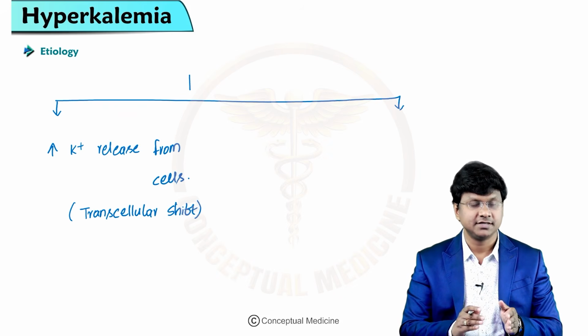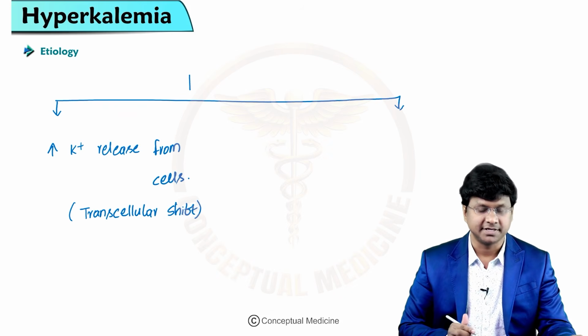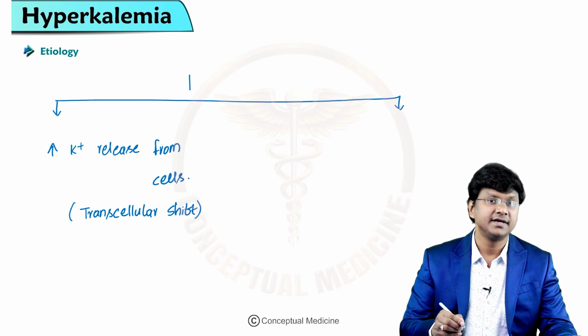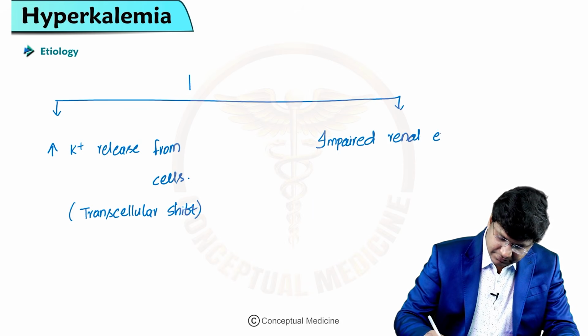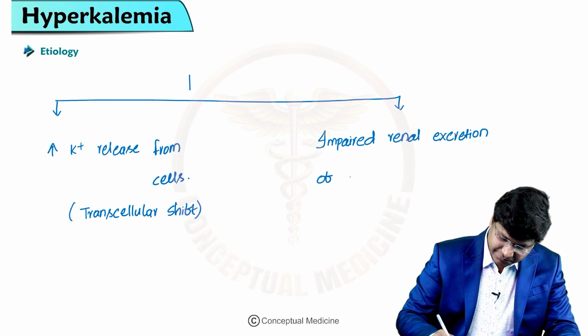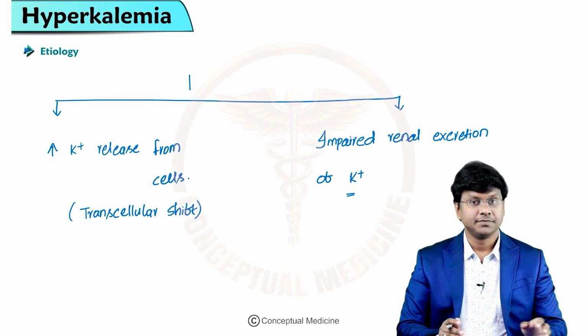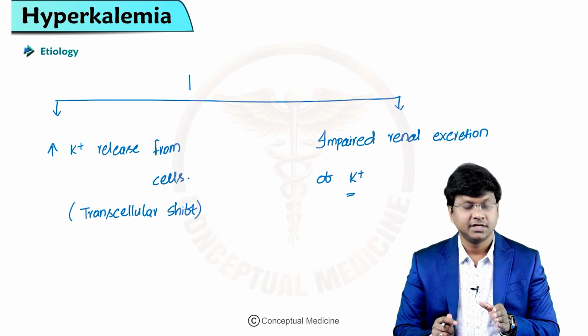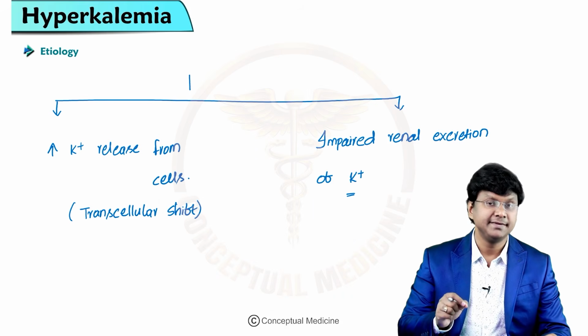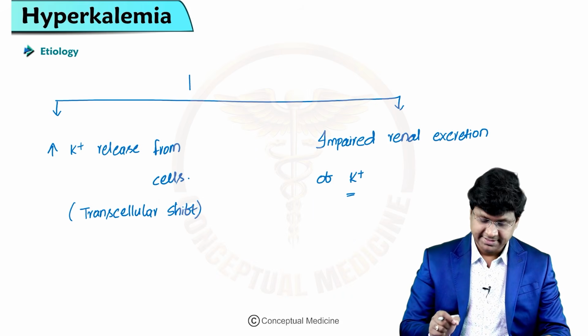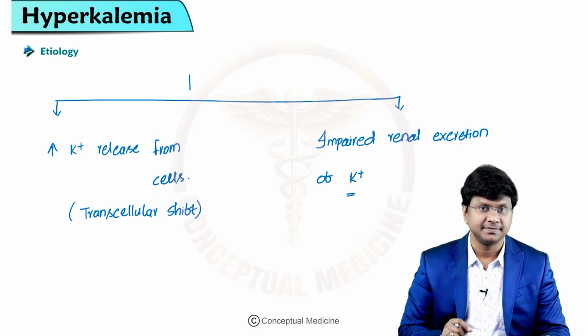That is, the potassium from inside the cell enters into the extracellular compartment. Or impaired renal excretion of potassium. Normally, if potassium is present in excess quantity, it gets excreted through the kidney. But if there is impaired renal excretion of potassium, that is another important etiology which can cause hyperkalemia.